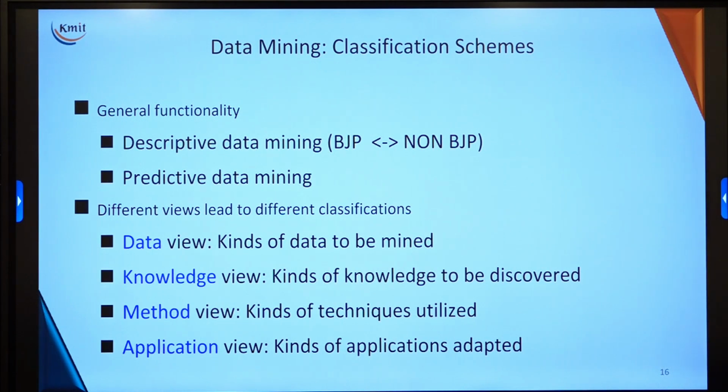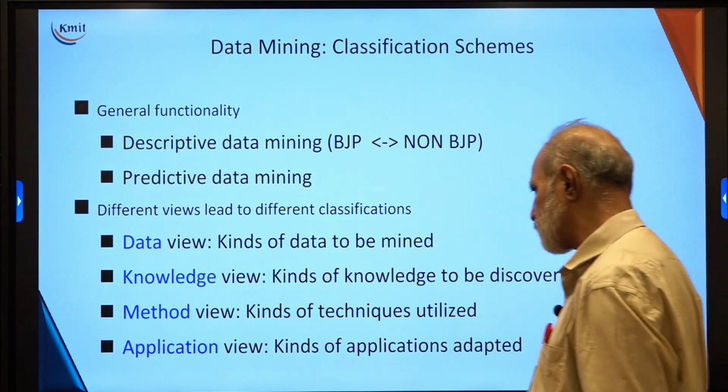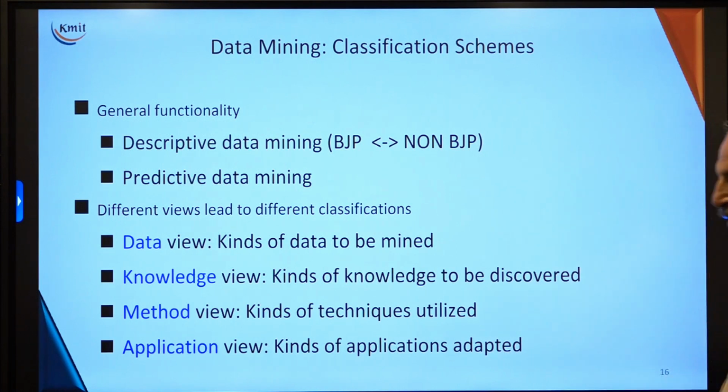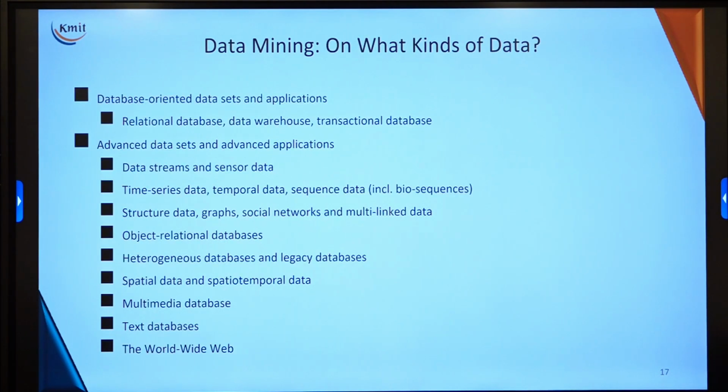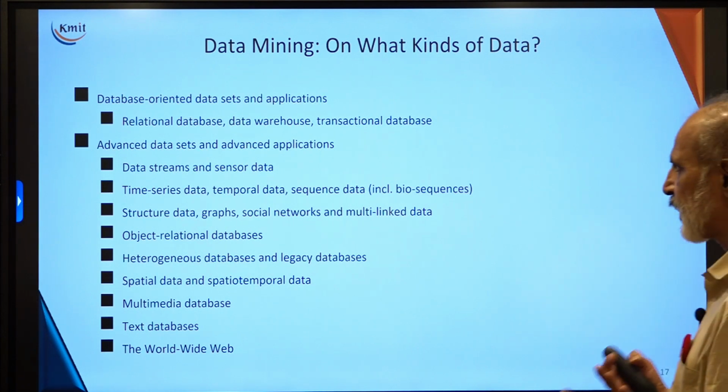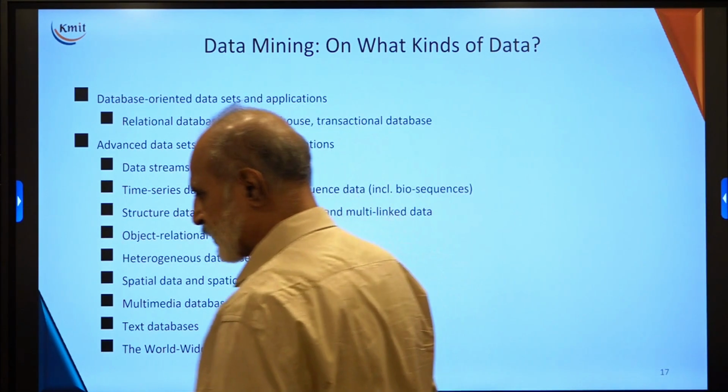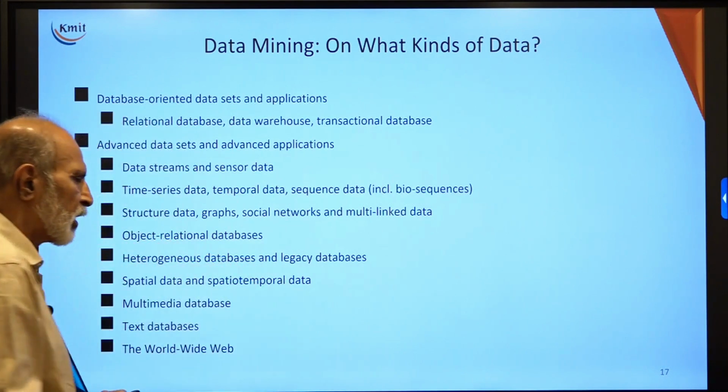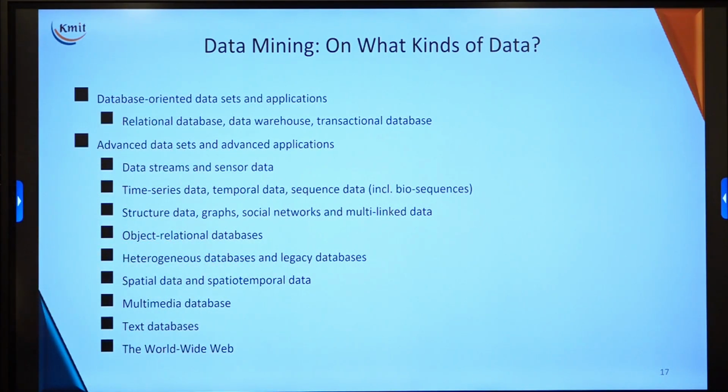Data view tells me what kind of data is going to be mined. Knowledge view tells me what we are going to discover, what knowledge I am going to get. Method tells what kind of technique I am going to use, and application tells what application I am looking for to be adopted. So this gives me a very good idea about data mining to be used in our data science course and data science engineering.